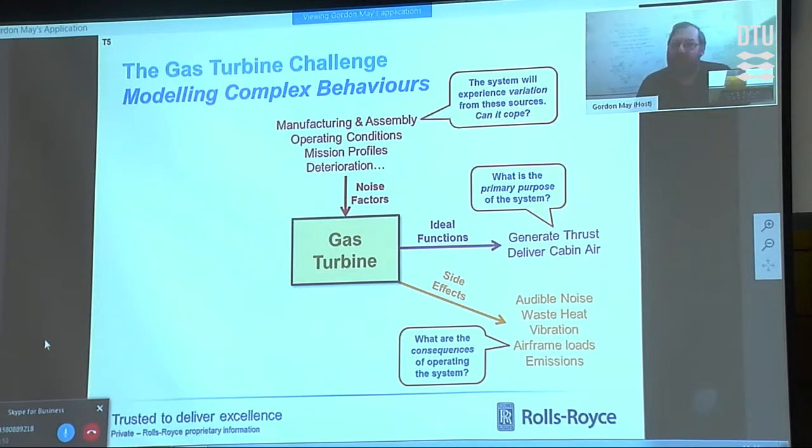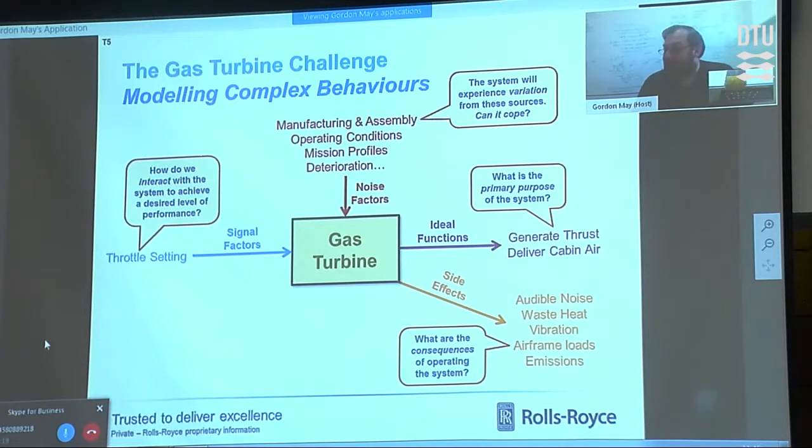We know in the real world they'll be subject to variation due to, say, manufacturing and assembly. But also operating conditions are uncertain, as are mission profiles, deterioration rates, and so on. So ultimately, this is part of robust design: identify those sources of variation, account for them properly, and answer the question: can the design cope?